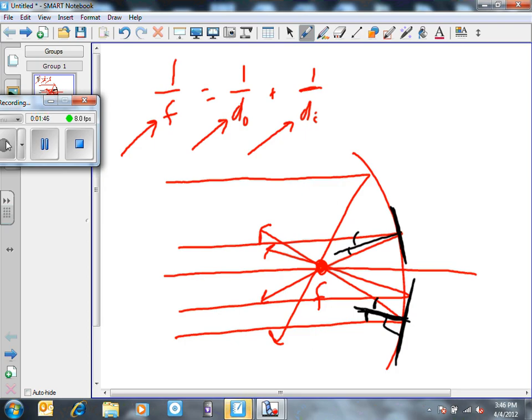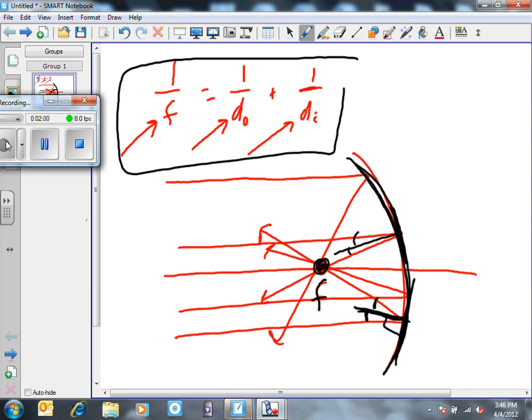But we can see that at this focus, this type of mirror, which is called a converging mirror or a concave mirror, has a real focus. And so when we're talking convention of any of these numbers, if it's real, it will be a positive number.